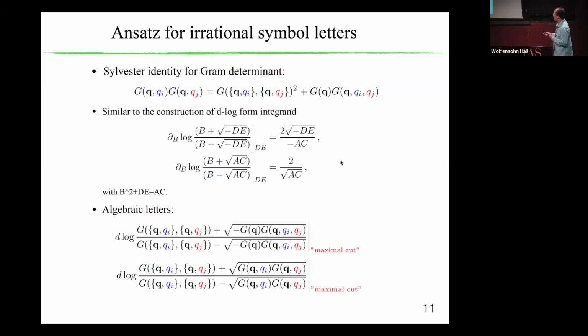Here we assume all of these DE and all of the Gram determinants as independent variables. And finally, once we construct the log form, we can localize it to some point or maximal cut. Then the kernel of this log will be just the irrational letters.